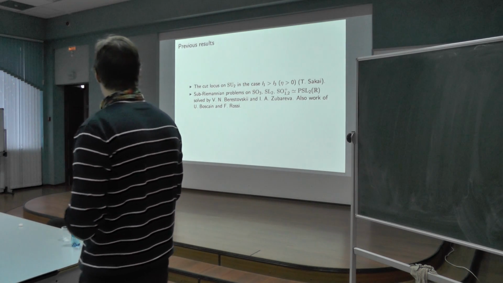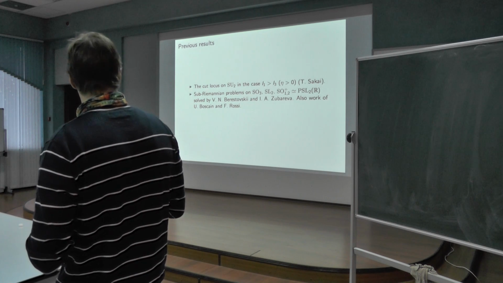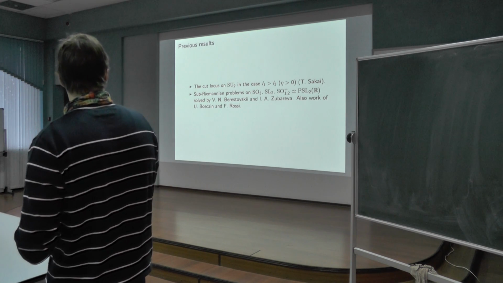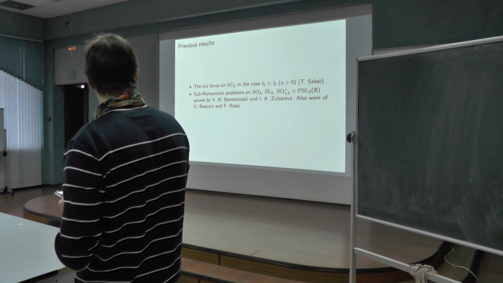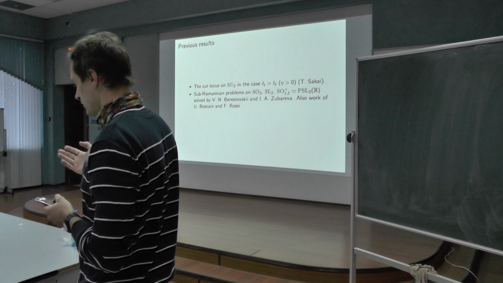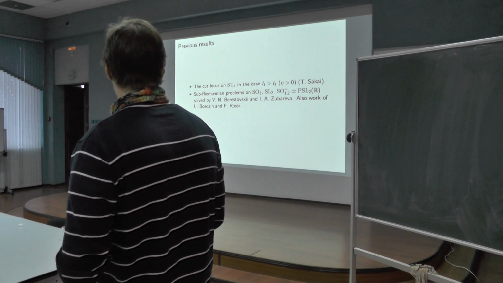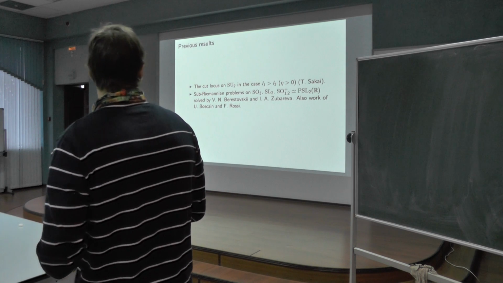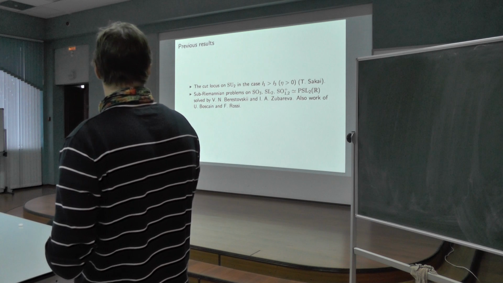I'd like to say about previous known results. The Riemannian problems on SO3, SL2, and the group of isometries of the Lobachevsky plane were solved by Valery Berestovsky and Irina Zubareva, and there is also work of Ugo Boscain and Francesca Rossi.